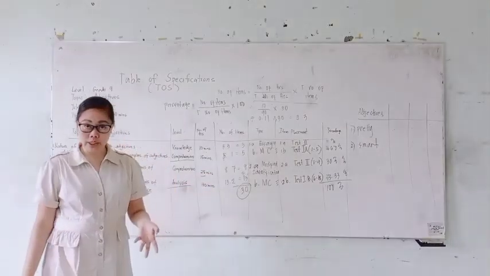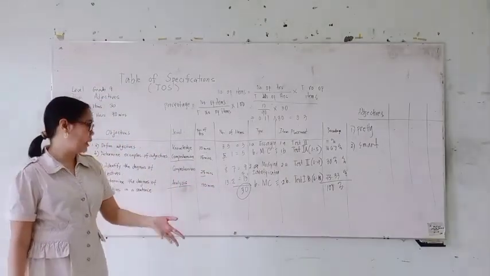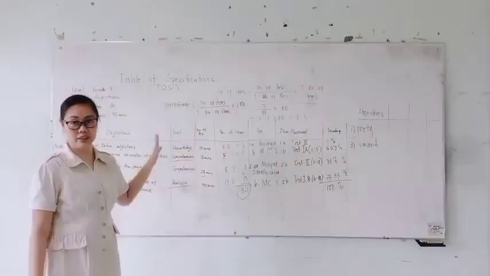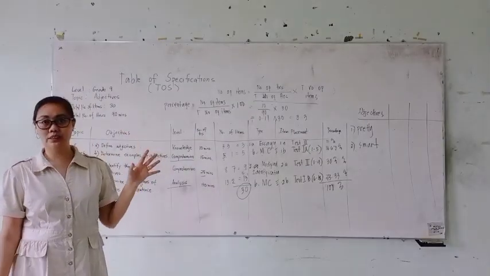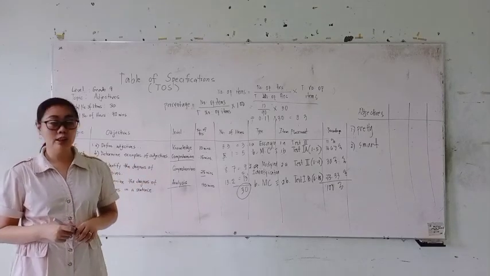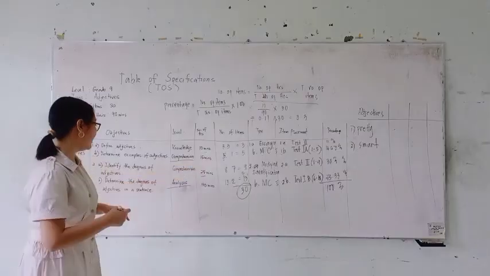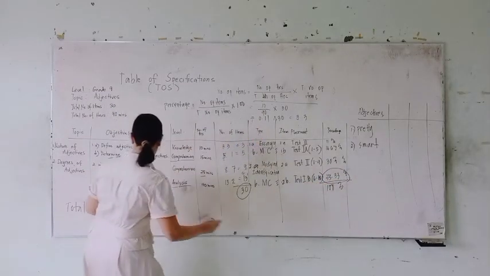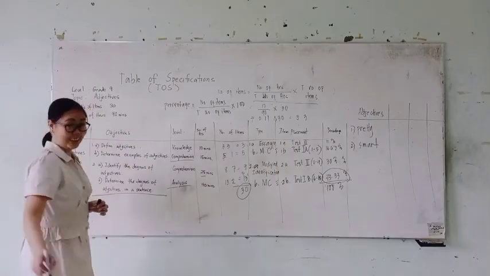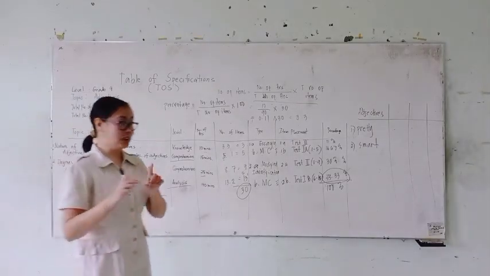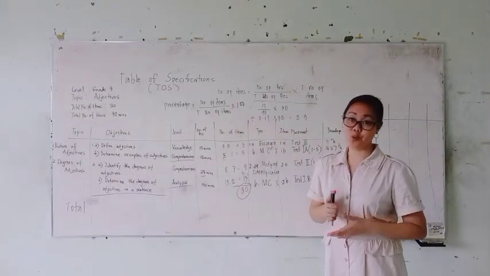And that's just okay because you are believing naman that the main goal of the topic, the core of the topic, is for them really to identify the degrees of adjectives. So meaning, kung ganyan ang makikita mo, na ito ang percentage ng number of items mo, at ito ang core topic mo, then na-meet mo yung goal mo. Okay? So ulitin ko, na-meet mo yung goal mo.